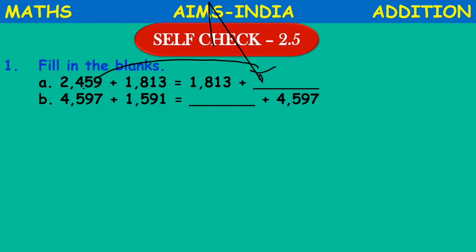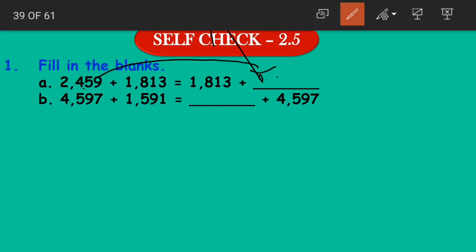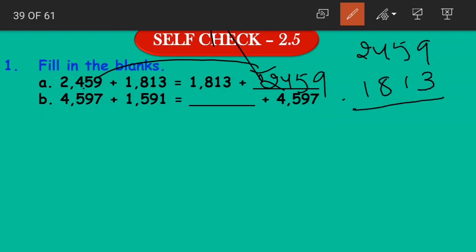Now what does commutative property say? Commutative property says that even though the order of the numbers is changed, the sum remains the same. Let us cross check. The first part was 2459 plus 1813. 9 plus 3 becomes 12, 5 plus 1 is 6, 6 plus 1 is 7, 4 plus 8 is 12, 1 carried, 2 plus 1 is 3, 3 plus 1 is 4. So 4272.